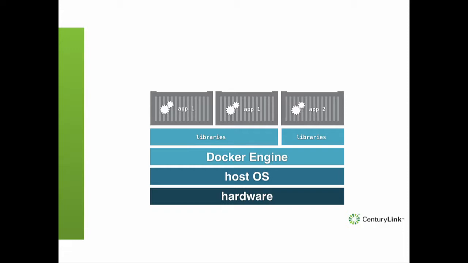In this case, we can see that application 1 and application 2 are both going to be using the same libraries; they're shared. And so the result is that containers have a lower footprint because Docker consolidates a lot of the common layers. They also have a much faster startup time because you don't have to worry about booting an underlying operating system.